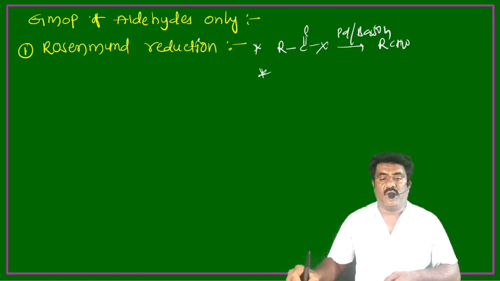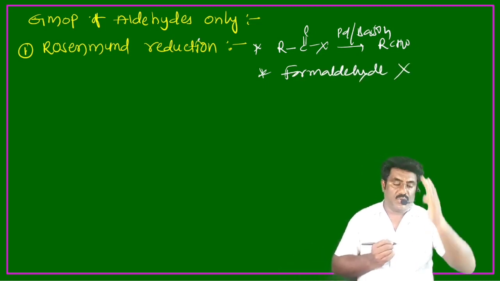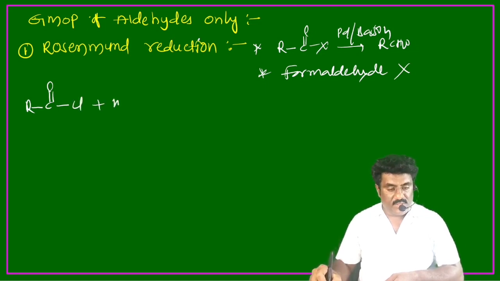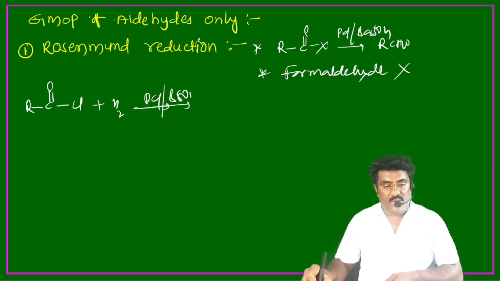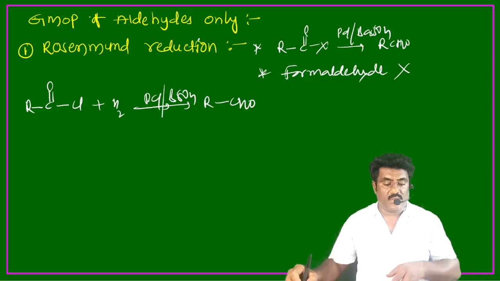In this method, formaldehyde cannot be prepared. RC double bond O with Cl, reduction with hydrogen, palladium on barium sulfate, gives RCHO.